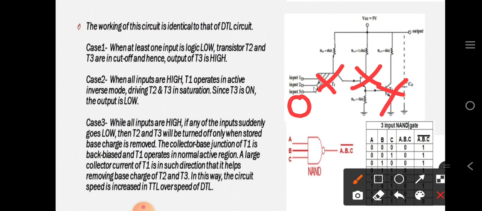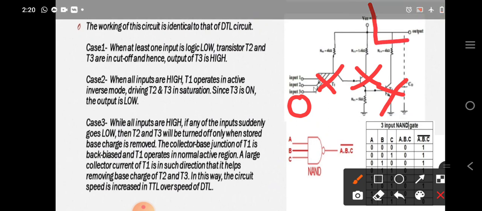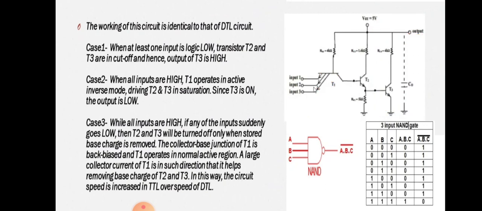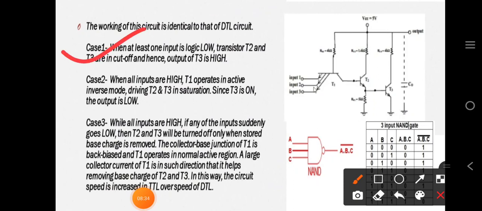This will also not be switched on. Then what will happen? The current will come and go towards this direction, and thus as the current passes towards the output, the output will be 1. So these are the rest of the conditions. So first case we have seen this. If all the inputs are 1, then the output will be 0.